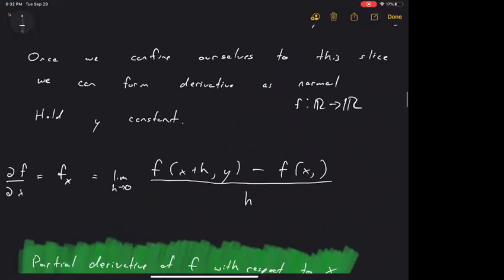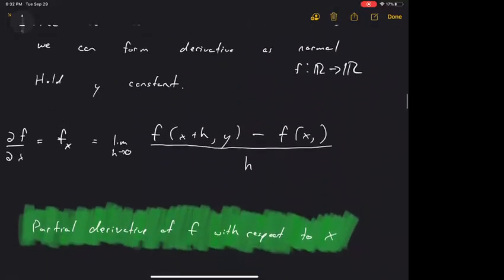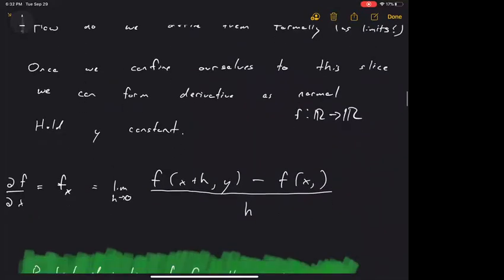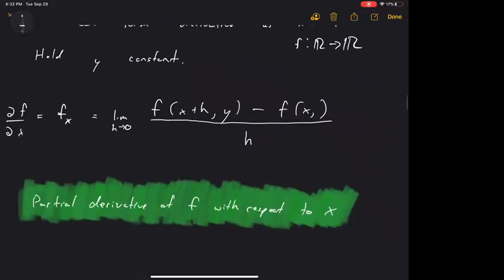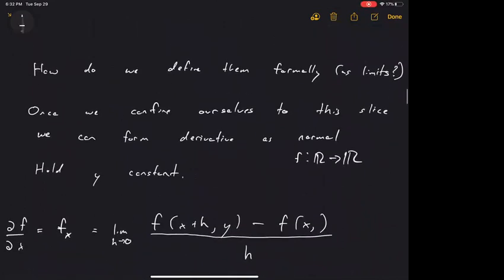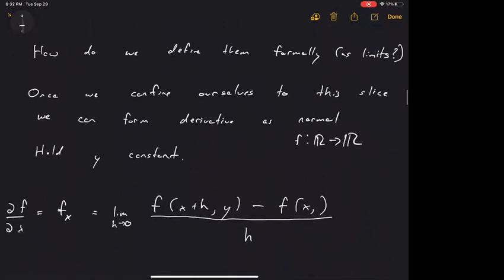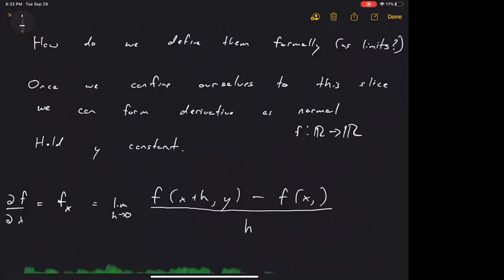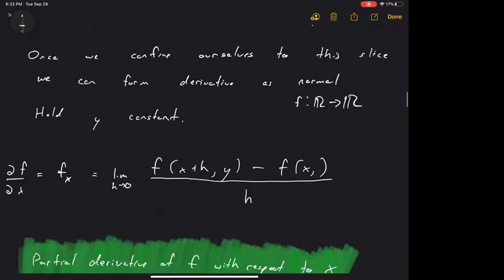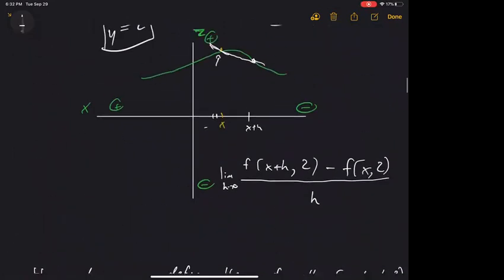And let's be a little bit more rigorous now. We call this the partial derivative of f with respect to y, okay? Or excuse me, partial derivative of f with respect to x, okay? So what we do is we hold y constant, okay, which is what we've done here, right?